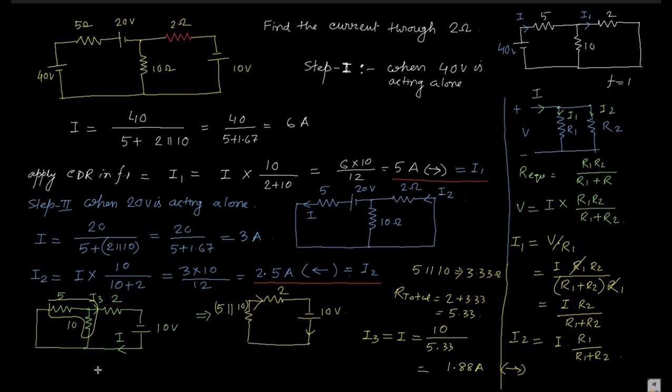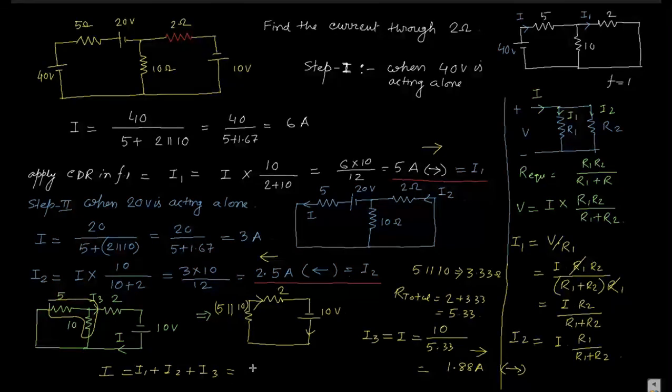So what is the total current? The total current I is flowing through the 2 ohm resistor. So I becomes I1 plus I2 plus I3. I1 is in this direction, I3 is in this direction, but I2 is in the opposite direction.